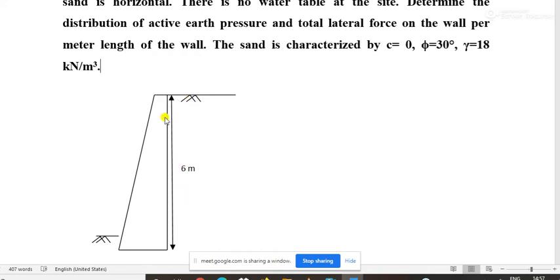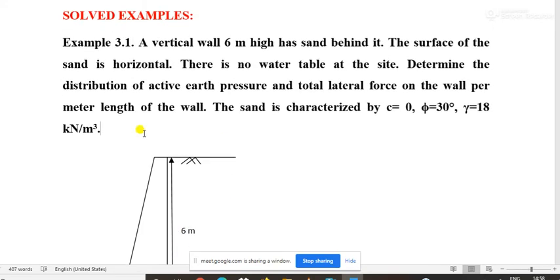The height of the wall is 6 meter, so the height of the backfill soil is also 6 meter. The characteristics of the backfill soil are: cohesion is 0, phi is equal to 30 degree, and unit weight is 18 kilonewton per meter cube. You may write down these data, which are given in the problem, in the place of the backfill soil.